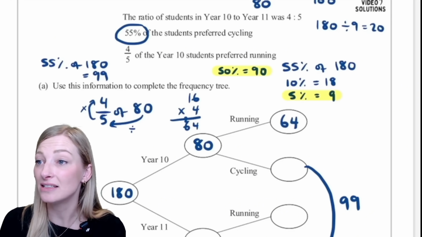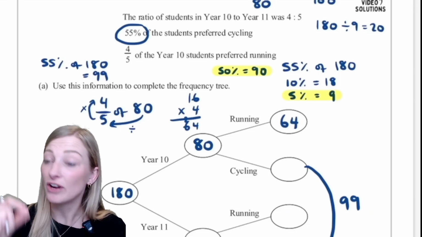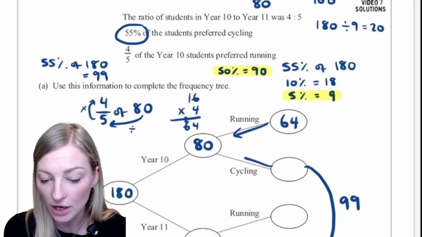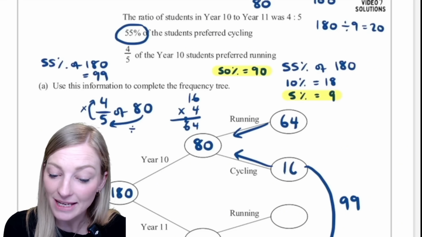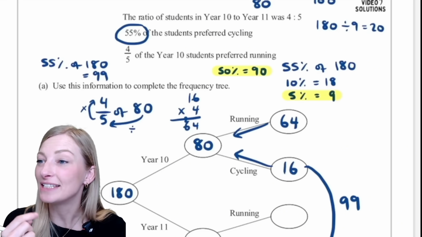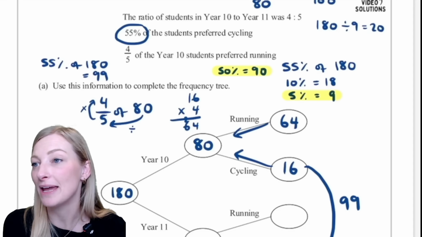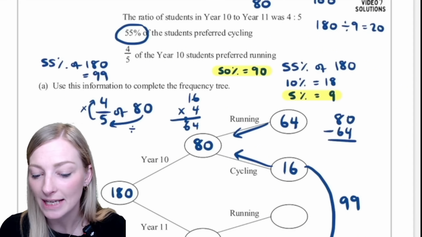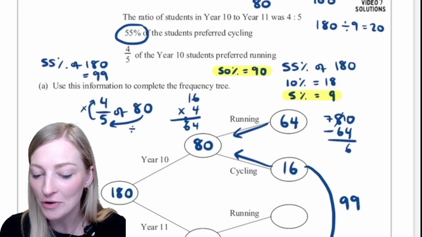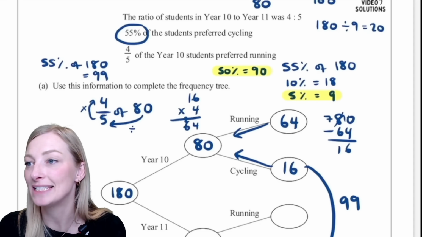which means that the rest of the year 10s preferred cycling. So if I know it adds up to 80, these two circles will always add to make the number there. I need cycling to be 16, because 64 add 16 adds to make 80, and you can do 80 take away 64 if you want to get that value. More on the floor, borrow from next door. That's how we've got 16.